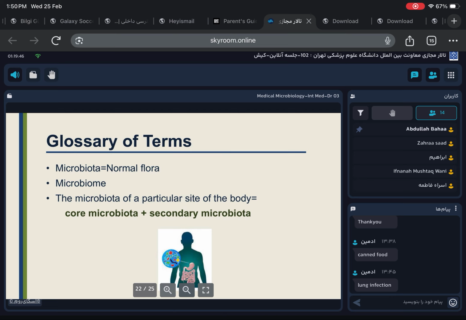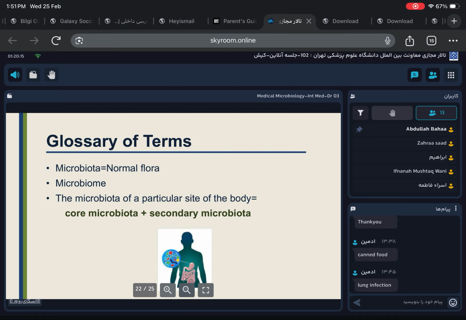But in secondary microbiota, we have microorganisms which are also responsible for some functions needed for the human body, but these functions can be done by other types of microorganisms. So that's why we have large numbers of different species in the secondary microbiota.